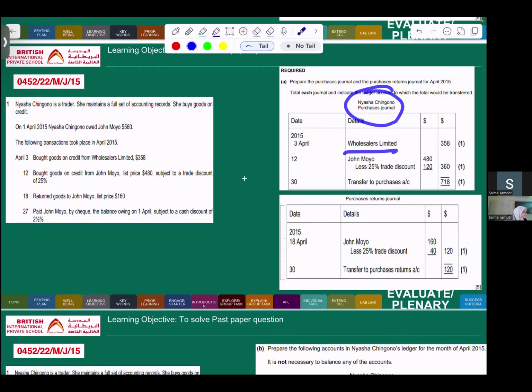Let's see. Nisha Chango or John Mayo. We are in the books of Nisha Chango. Nisha Chango or John Mayo means Nisha had to pay. Since Nisha had to pay, what does this mean?